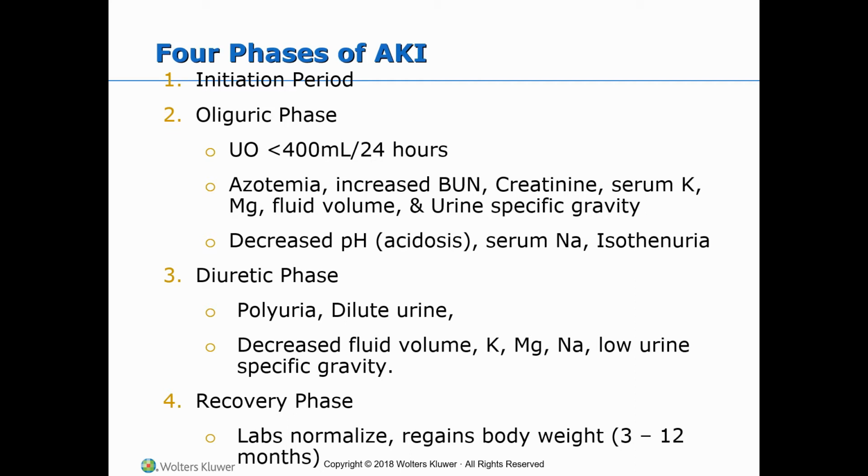The earliest sign of tubular damage is the inability to concentrate urine, which leads to a condition called isosthenuria, or fixed specific gravity of urine at 1.010.